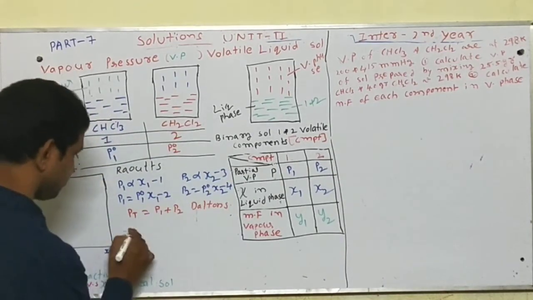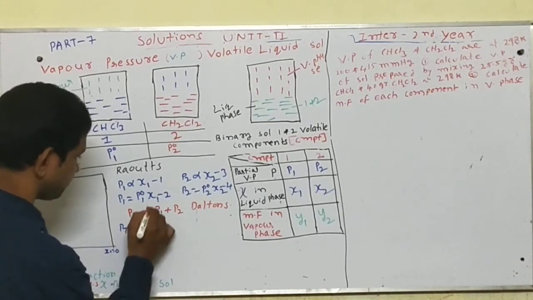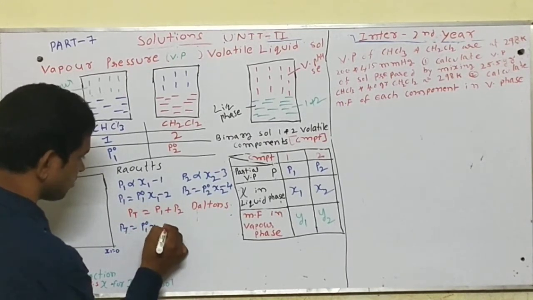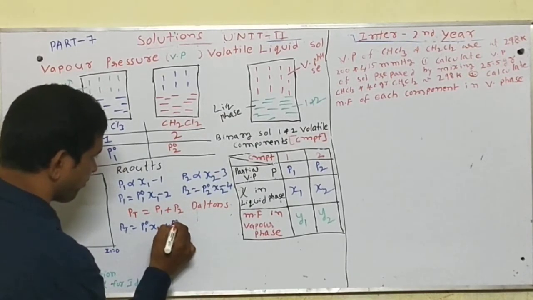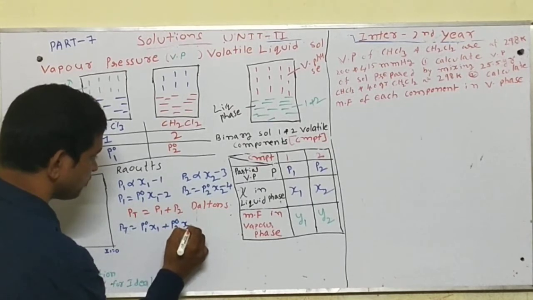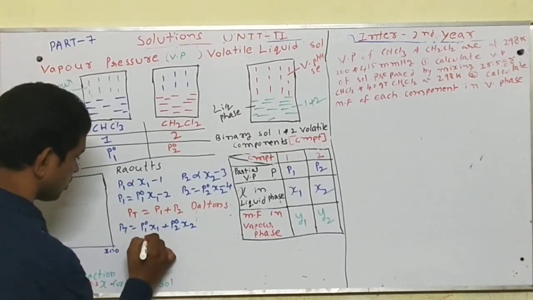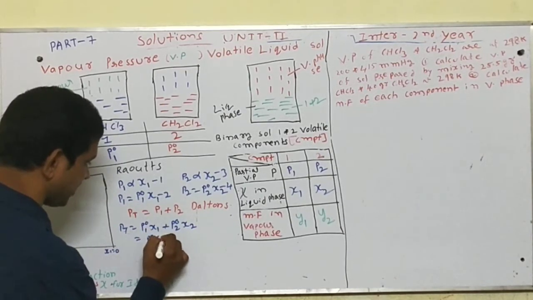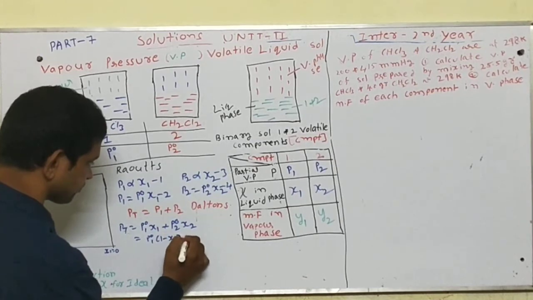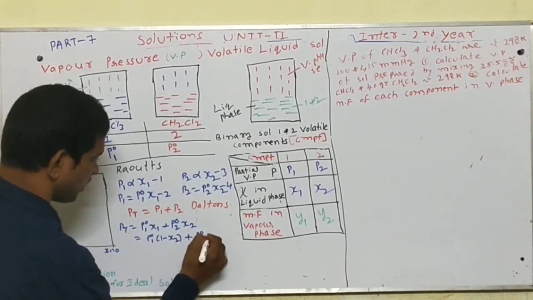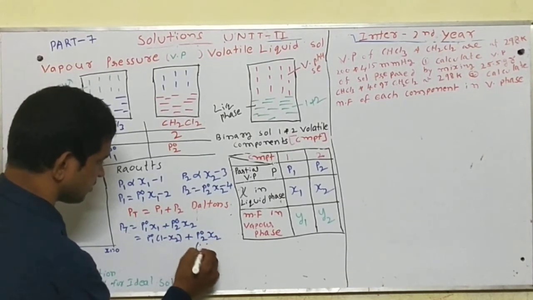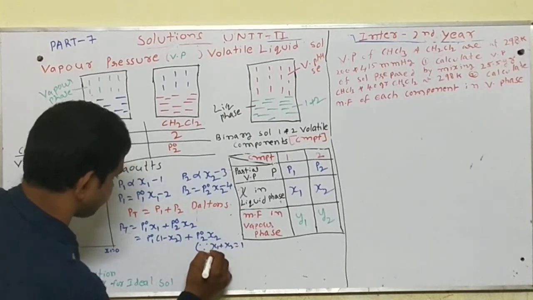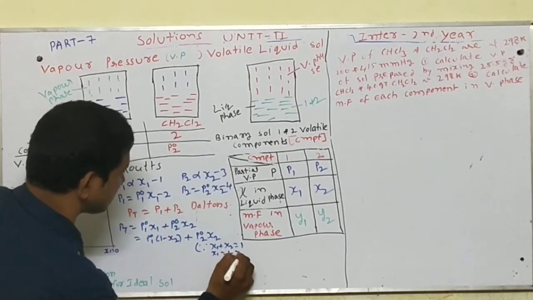From 2 and 4, Pt is equals to, in case of P1 I am writing P01 x1 plus, in case of P2 I am writing P02 x2, that is equals to P01 in place of x1 I am writing 1 minus x2 plus P02 x2, since x1 plus x2 is equals to 1, x1 is equals to 1 minus x2.